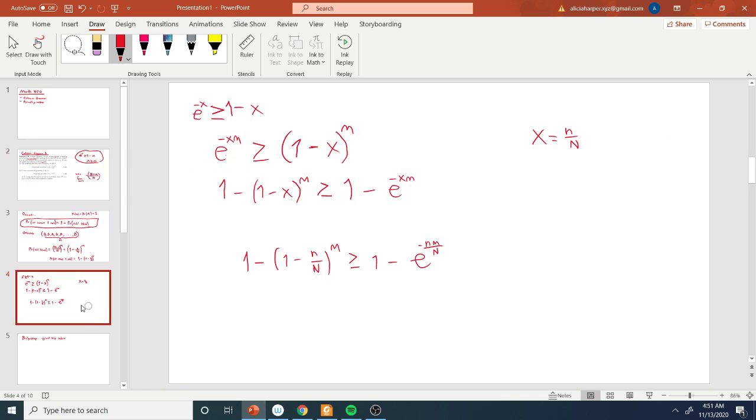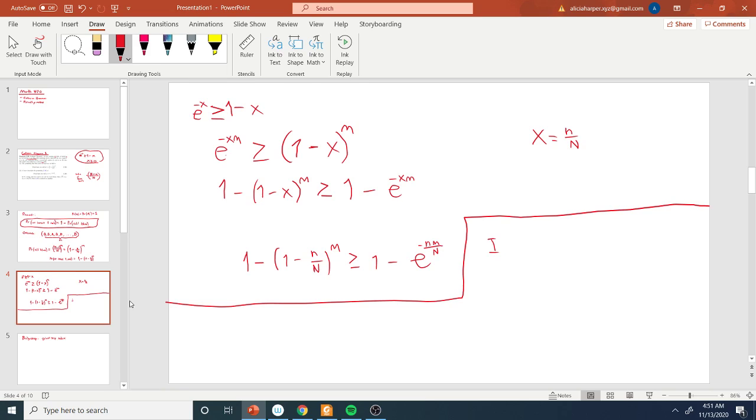Now we can make some observations about it. If, say, n is equal to maybe 5 times the square root of N, and m is equal to 5 times the square root of N, then we see that the probability of at least one blue is going to be greater than or equal to 1 minus e to the, say, negative 25.